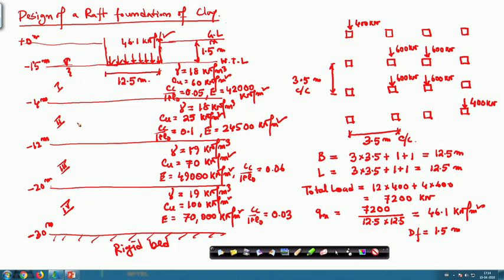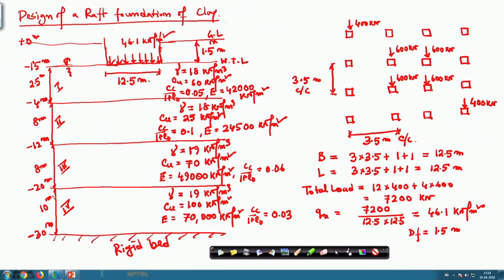This first layer thickness is 2.5 meter, this layer is 8 meter, this layer also 8 meter, and this layer is 10 meter.